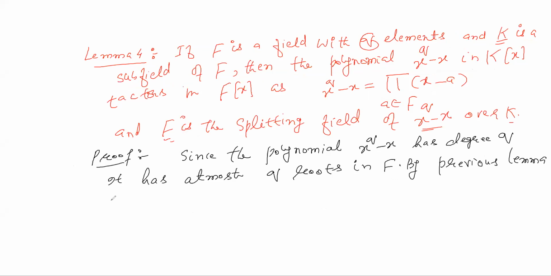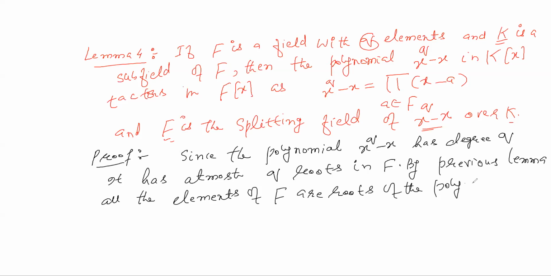So all the elements of F are roots of the polynomial. And there are q of them, because F has cardinality q.